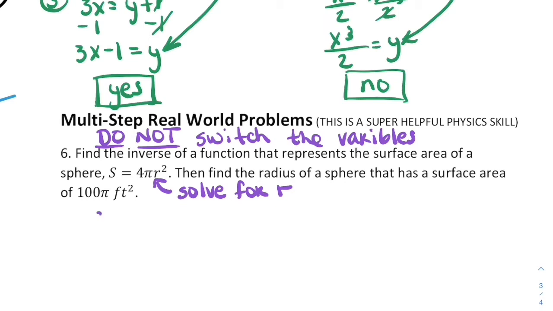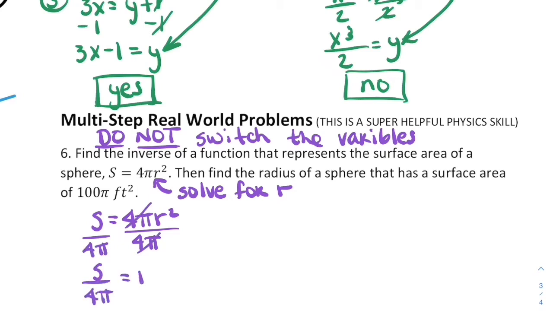We're going to start with our original function, and we're just going to do our steps to solve for r. So I want to get rid of that 4 and that pi to start. And that'll give me s over 4 pi is equal to r squared.